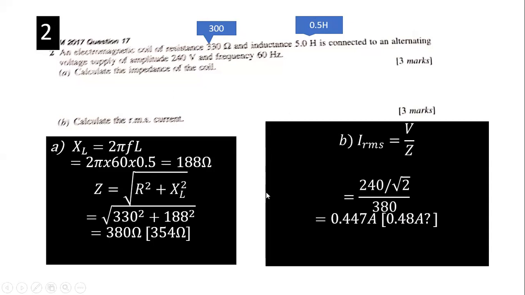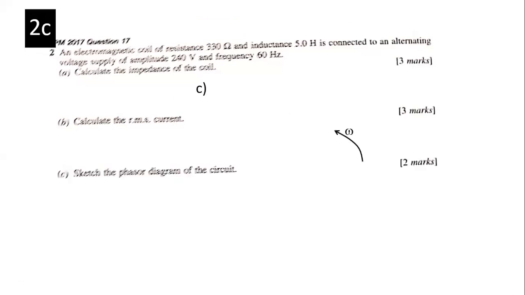Sketch the phasor diagram of the circuit. That is your VR, that's your current. Current and VR are in the same direction. There's a VL in the anti-clockwise direction. That's all.